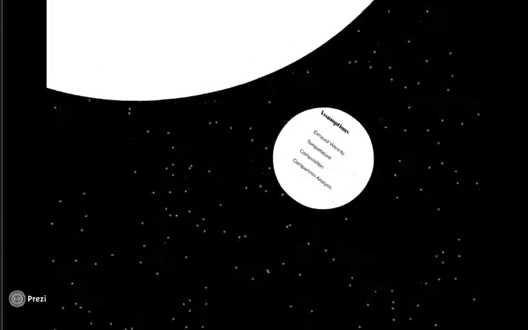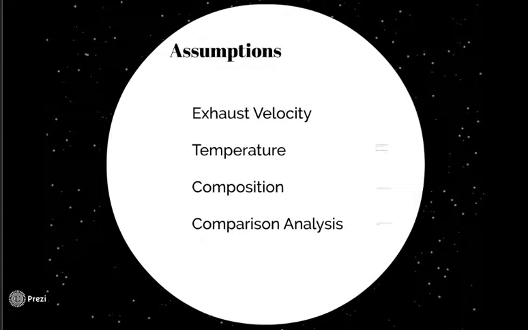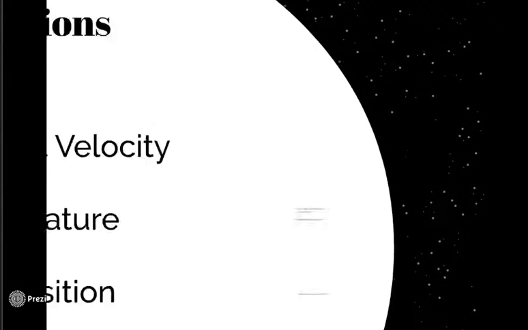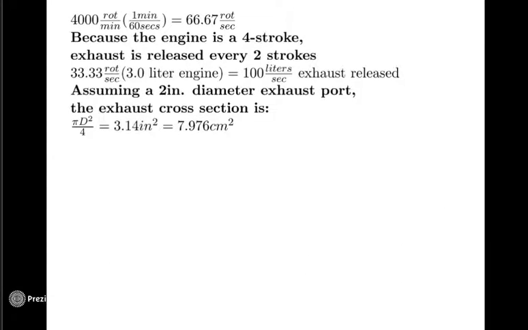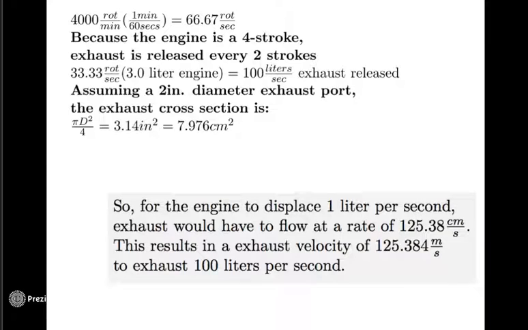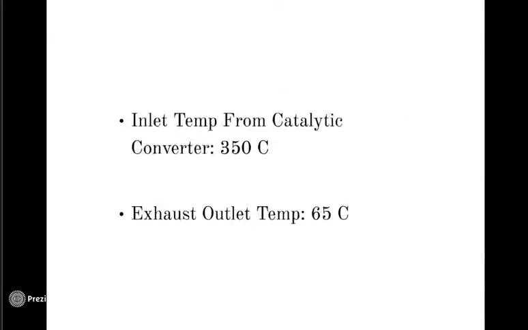To do this, I had to make a few assumptions. So I did some research online, and this is what I came up with. Using a 2-inch diameter exhaust and assuming that my problem occurred at about 4,000 RPMs, I came up with an exhaust velocity off of the cat to be about 125.4 meters per second.